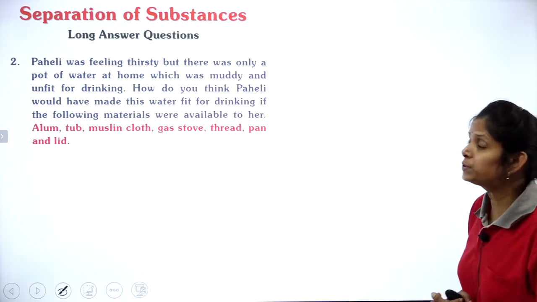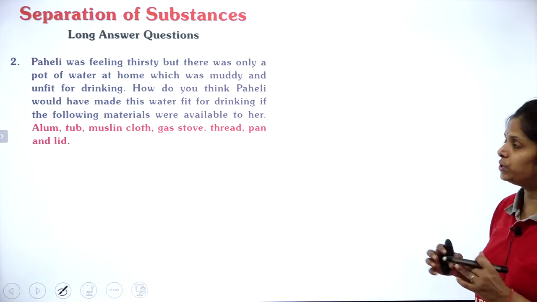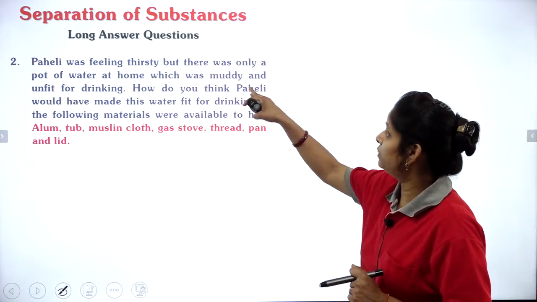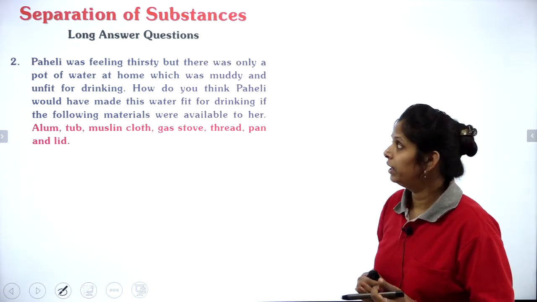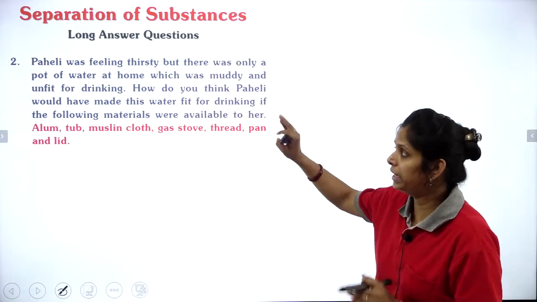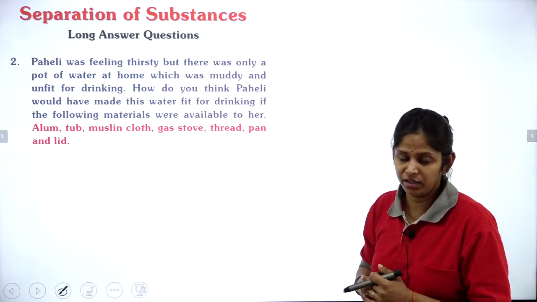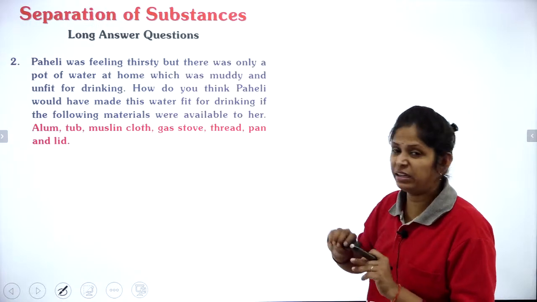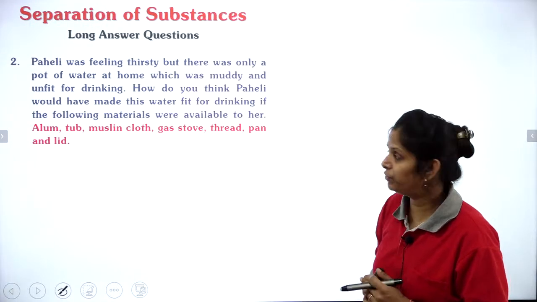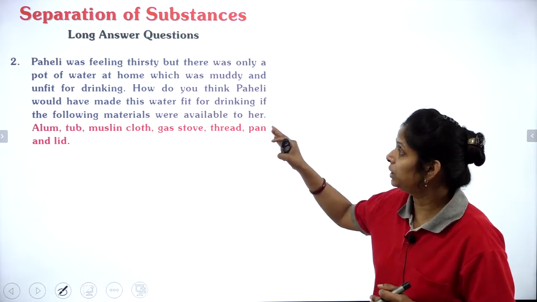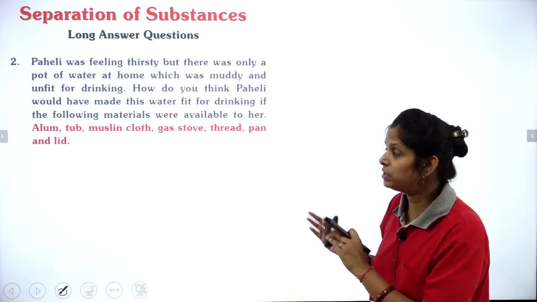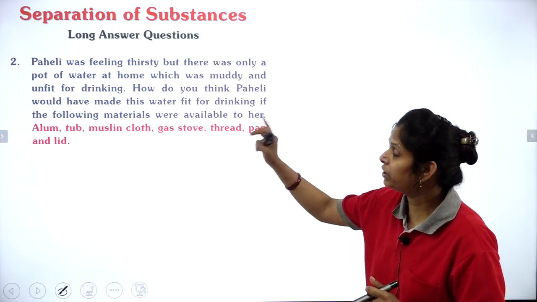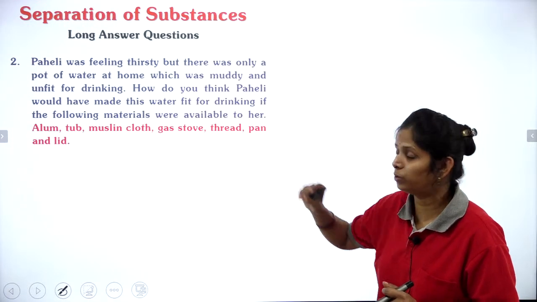Now Paheli was feeling thirsty. Actually she was very thirsty, but there was only a pot of water at home, which was muddy and unfit for drinking. How do you think Paheli would have made this water fit for drinking if the following materials are available to her?